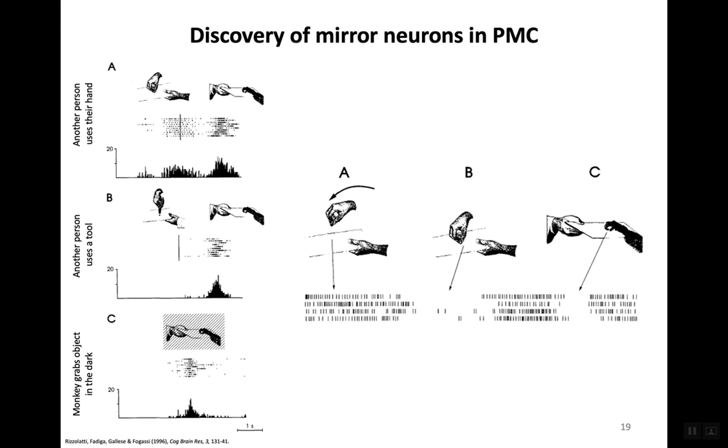So perhaps, Rizzolatti and colleagues hypothesized, these neurons, which they called mirror neurons, are fundamental to understanding actions. And the way in which our brain tends to do that, by relying upon such mirror neurons, is by rerunning, so to speak, a scenario of the action observed as if it was an action performed by ourselves.